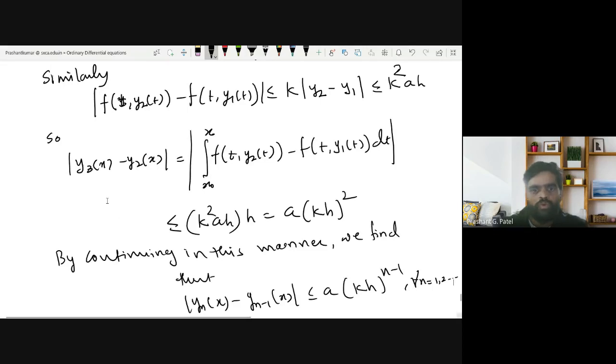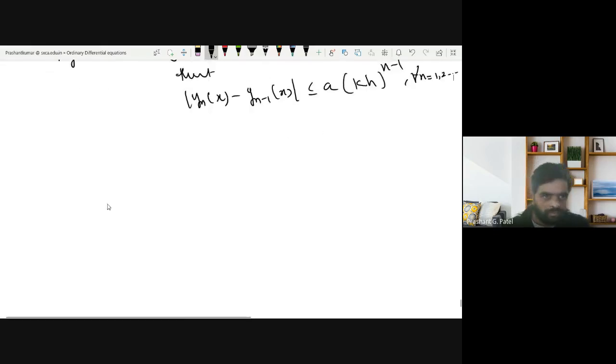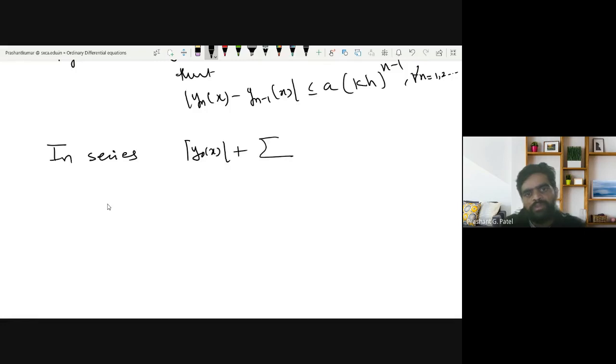So what we can have is, in the series mod of y0 of x plus summation n running from 1 to infinity mod of yn of x minus yn minus 1 of x, in this series each term is bounded by this thing.